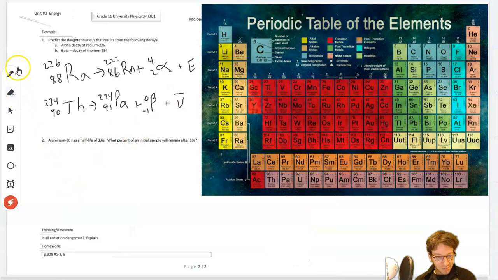So let's do a little sample problem here. Here we have aluminum-30. It has a half-life of 3.6 seconds. Okay, it's a very short half-life. What percentage of an initial sample will remain after 10 seconds? So we have our equation. A equals A naught times 1/2 to the power of T over H. Since we want to know the percent of the initial sample, we just divide by A naught.